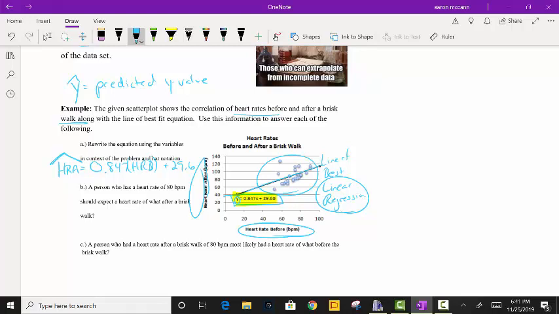It says a person who has a heart rate of 80 beats per minute should expect a heart rate of what after a brisk walk. So we can just replace heart rate before with 80. The predicted heart rate after is going to be 0.847 times 80 plus 29.6.